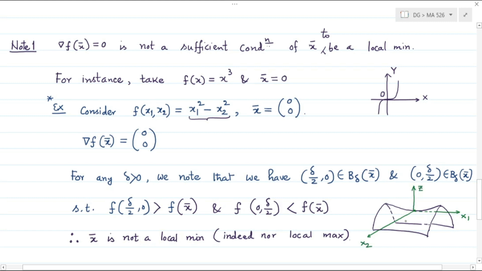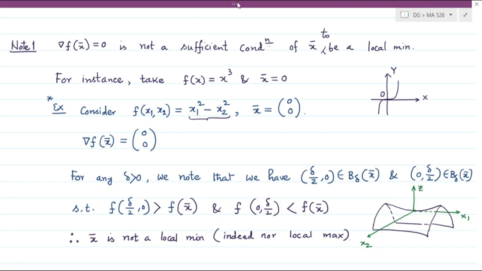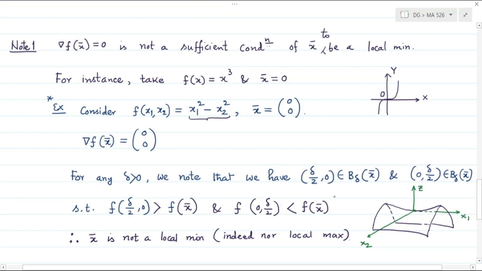For this seat, note that if I move along the x2 axis, then you are visiting the surface of the function only on this curve, right? The function along x2 is this red curve. For this red curve, the point 0 0, which is your x bar, is a local maximum. However, if we move along x1, this is precisely this red curve, which has a local minimum at the point x bar.